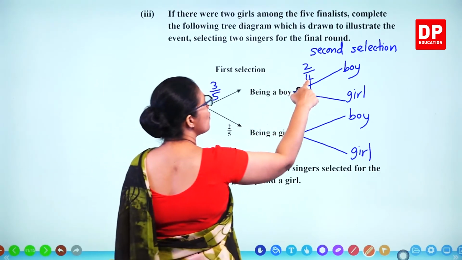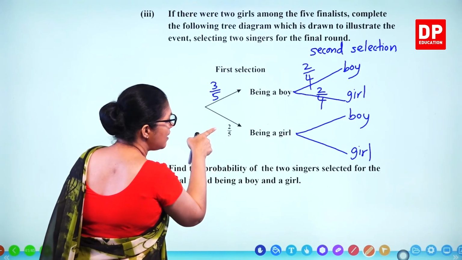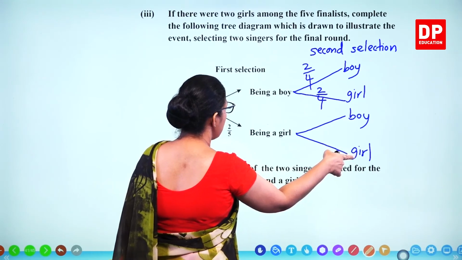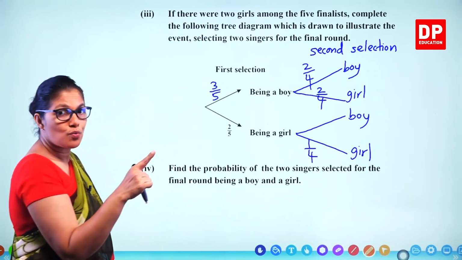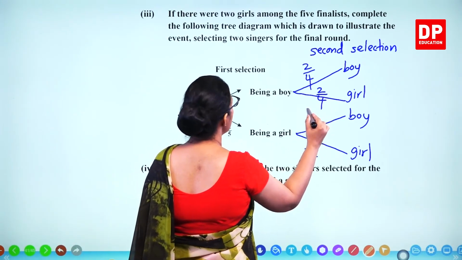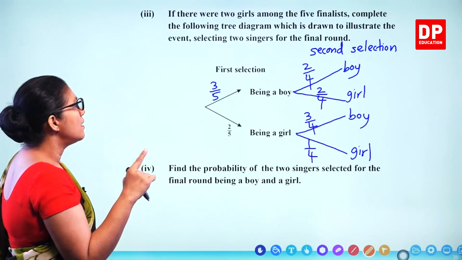So if it's 2/4, this is also 2/4, the remainder. And here girl is already selected. So being another girl, selecting the second girl, that's 1/4. 2 minus 1, that's 1. So if this is 1/4, this becomes 3/4. So that's the full tree diagram.